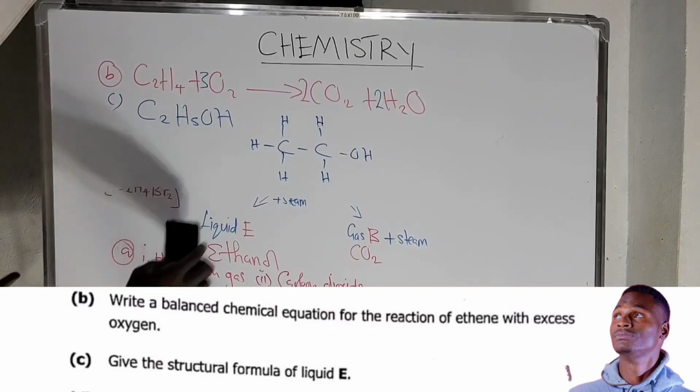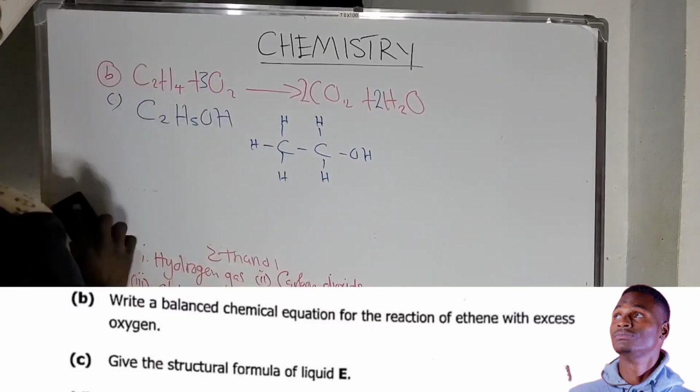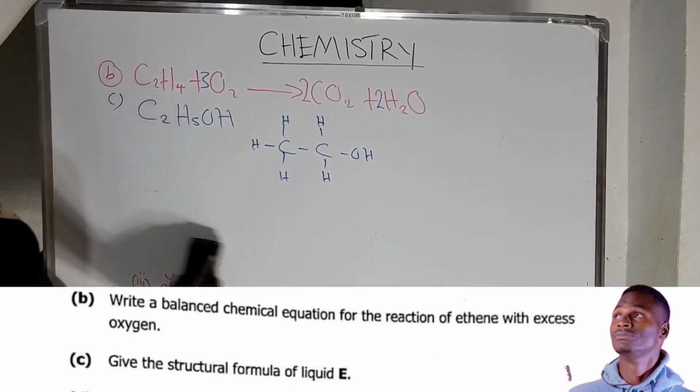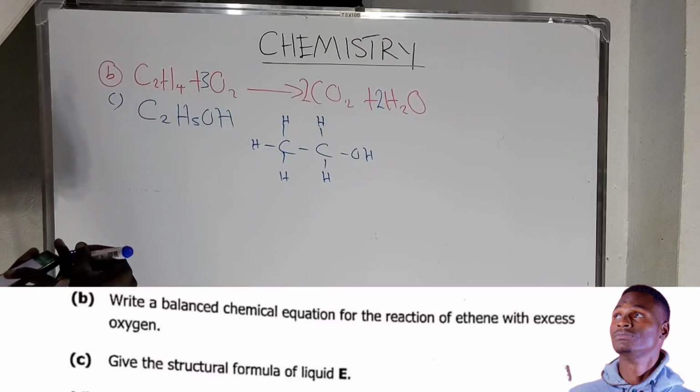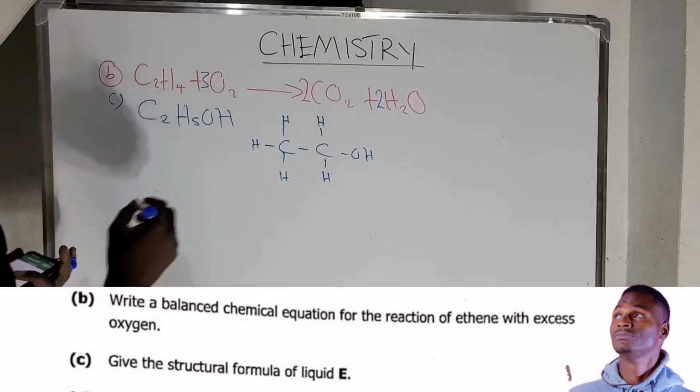Then the last question is saying, state the industrial application of the reaction of ethene with gas A, to form ethane. State the industrial application, meaning hydrogenation.